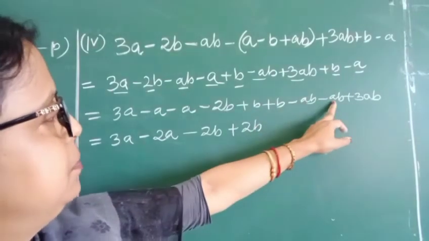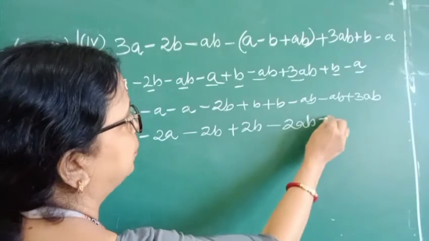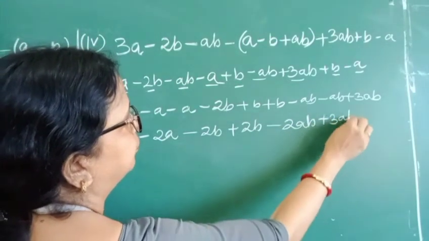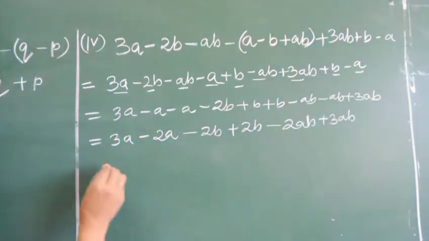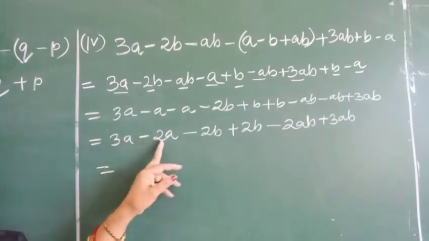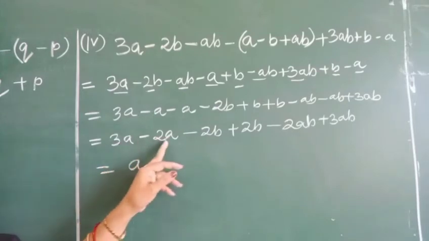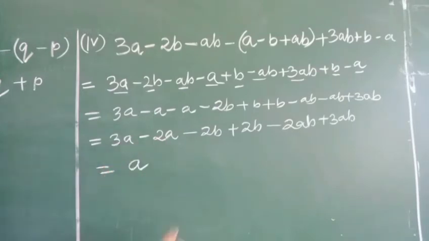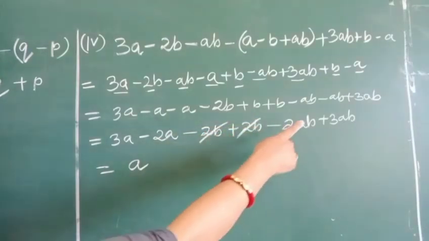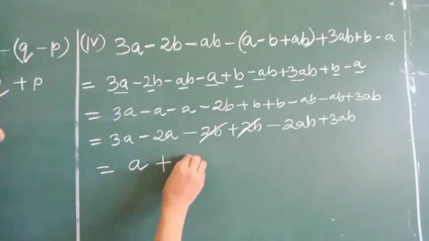Minus ab minus ab is minus 2ab plus 3ab, this one I have written here. Now minus 2a and plus 3a. I can write only one a because from 3a I am subtracting 2a. Minus 2b plus 2b we can cancel, and plus 3ab minus 2ab, so plus ab.